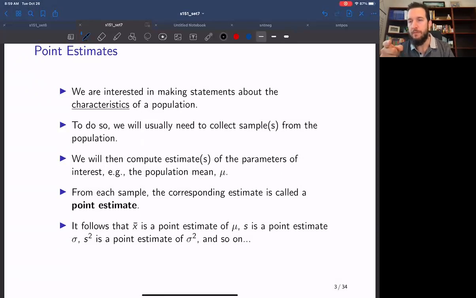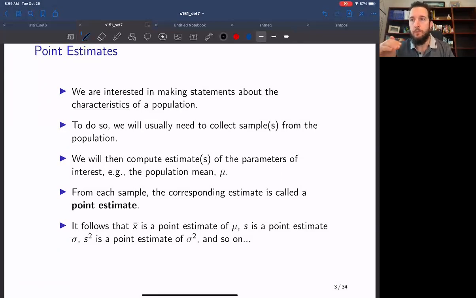A point estimate is simply a value that would, well, estimate some population quantity of interest. For the most part in this course, we are focused on estimating the population mean. That will be in almost every situation that we look at for the next few weeks, the value that we are interested in making a statement about.